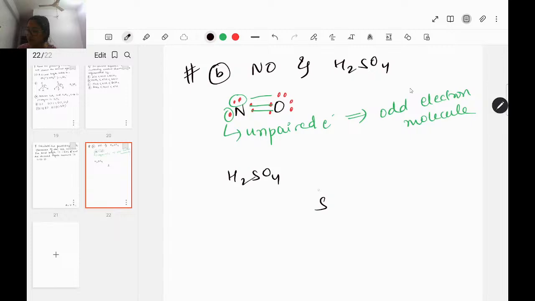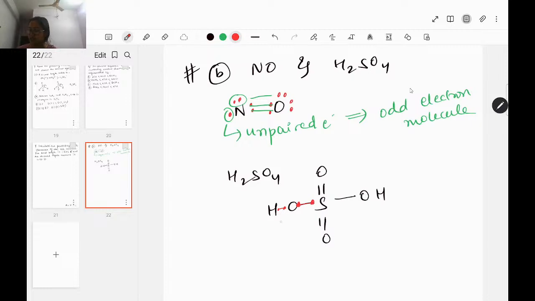So H2SO4: S double bond O, double bond O. There are 4 oxygens. S double bond O, double bond O, OH and OH. It looks like this. Again, I have just directly written out the bonds. Let us see how the octet is occurring. Oxygen, as I said, requires 2 electrons to complete its octet. So here 1 electron it is using with hydrogen, and here 1 electron it is sharing with sulfur.